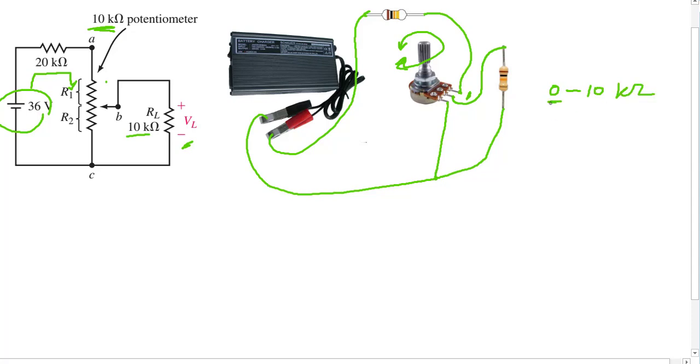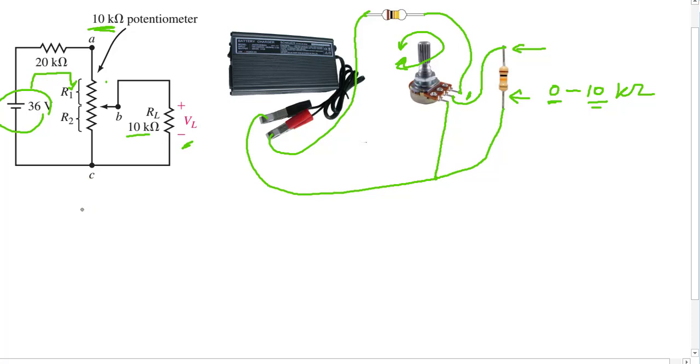So at 0 resistance we have an output voltage here that can be measured, and at 10 kilo ohms, again we have a different value of this voltage, and we need to calculate it. Okay, so this is actually a simple mathematical problem, really a simple one.